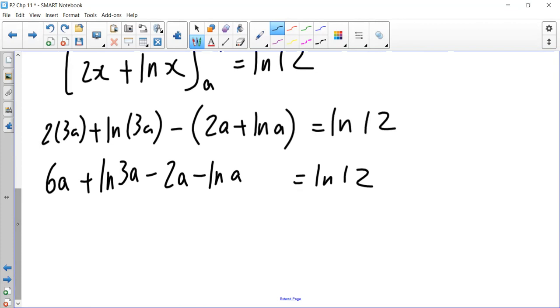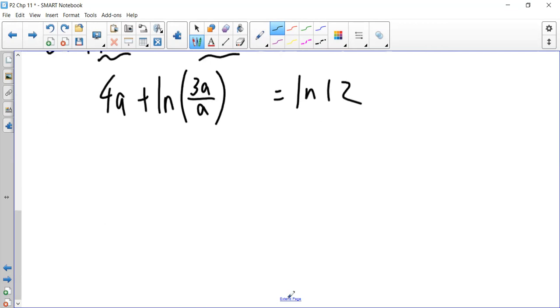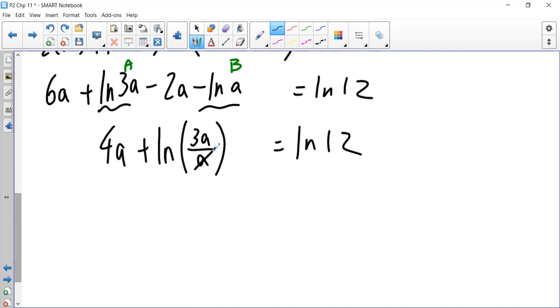So 6a minus 2a will be 4a. Then I see plus ln 3a minus ln a. Log a minus log b equals log of a over b, so a and 3a cancel out.